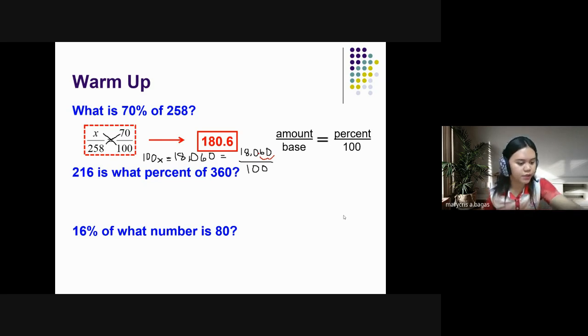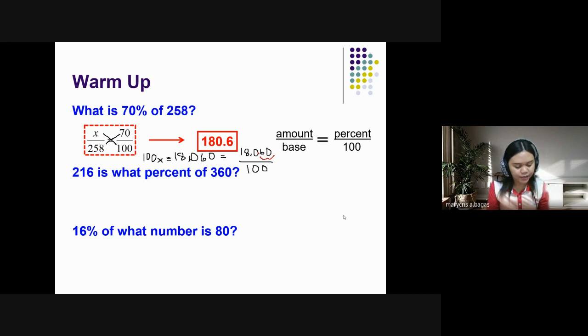So 100 times 216 equals 21,600. 21,600 divided by 360 equals 60.